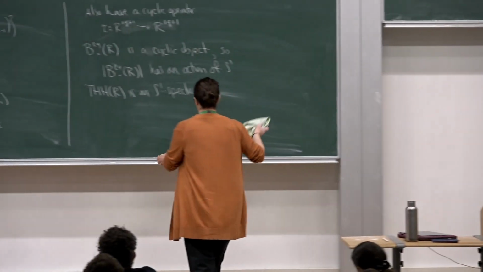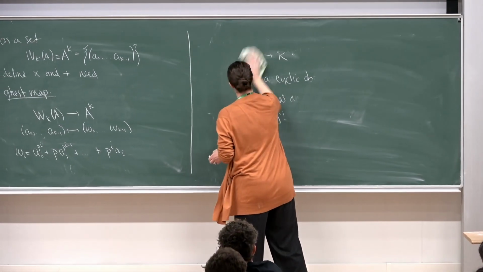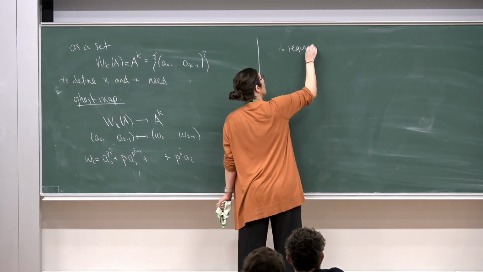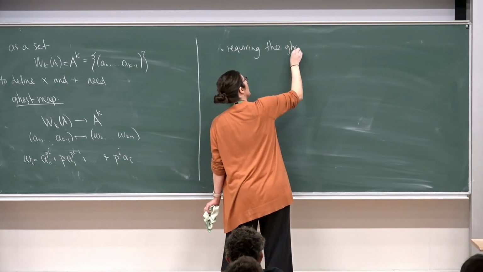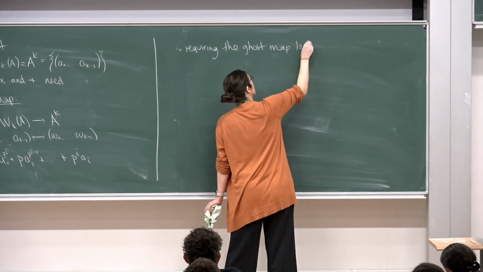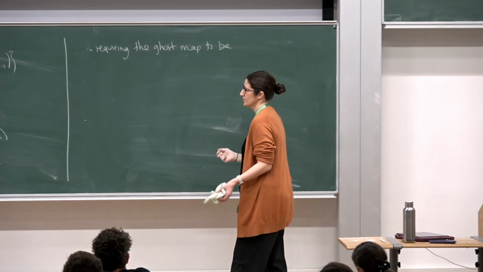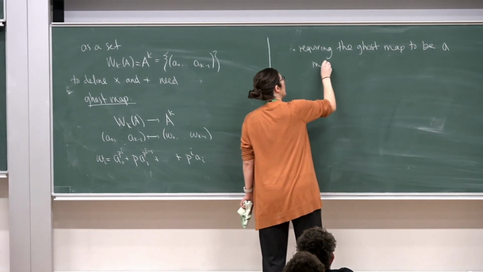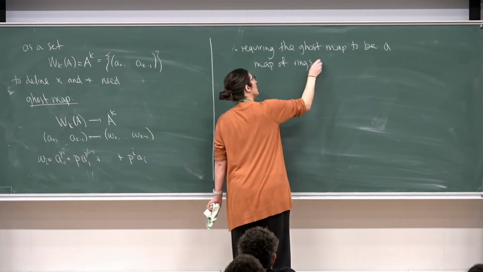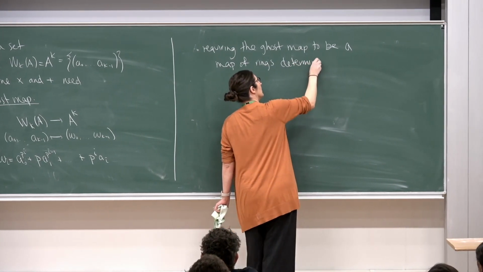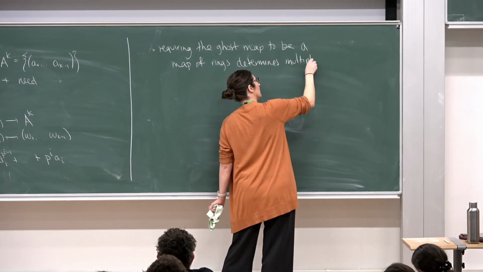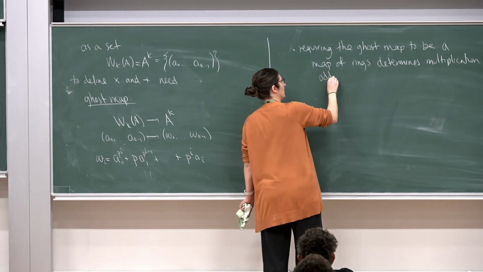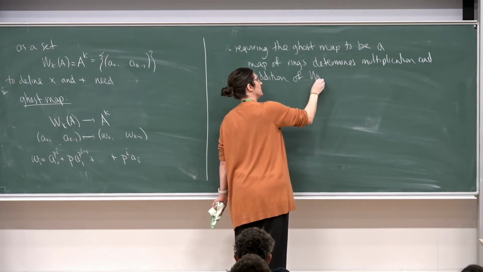It turns out, and I'm not going to argue this for you, but you can prove that requiring the ghost map to be a natural transformation of functors from rings to rings, I'm just going to say a map of rings, requiring this to be a map of rings determines multiplication and addition on these p-typical Witt vectors.